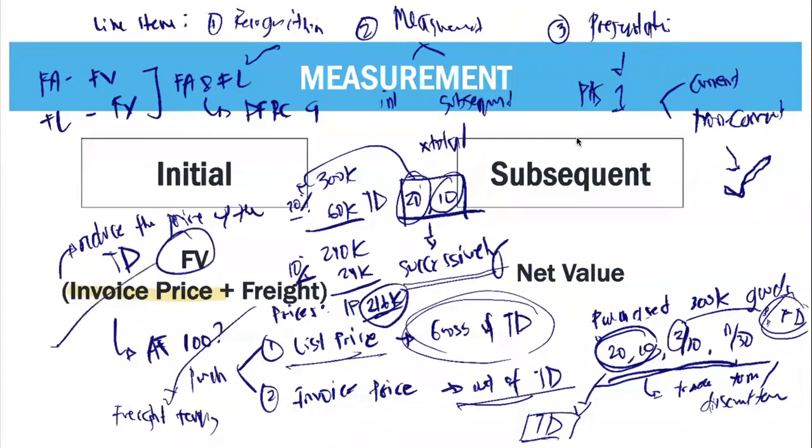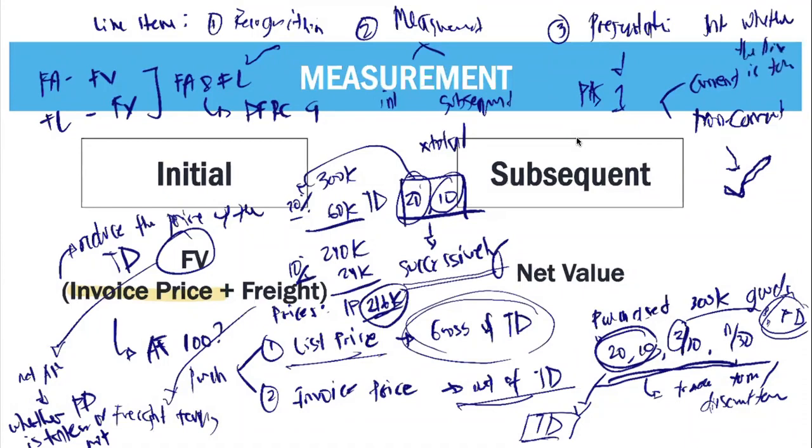Actually, when we talk about your fair value, this is your net accounts payable, whether purchase discount is taken or not. Okay? Do you still remember how you recognize merchandise inventory? You recognize merchandise inventory whether the discount is taken or not.